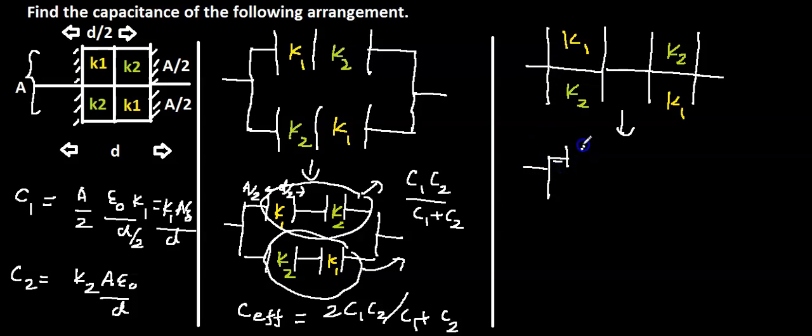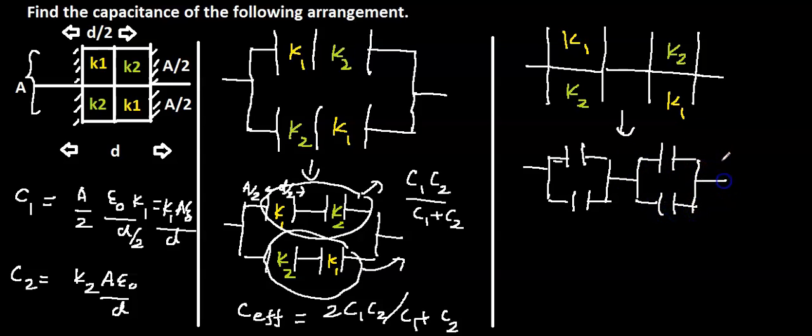So this is one capacitor, and now this whole thing is in series with this, where these two are in parallel now, correct? So now I have K1 here, K1 here, K2 here, and K2 here.